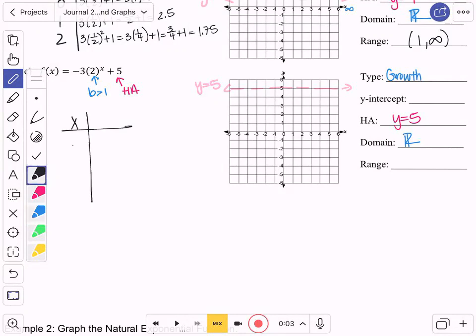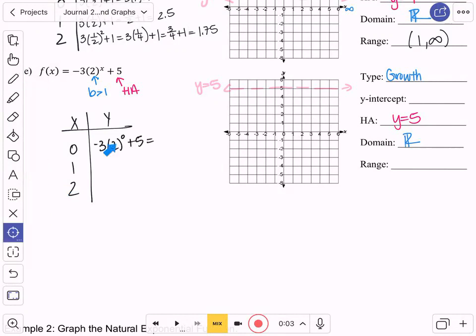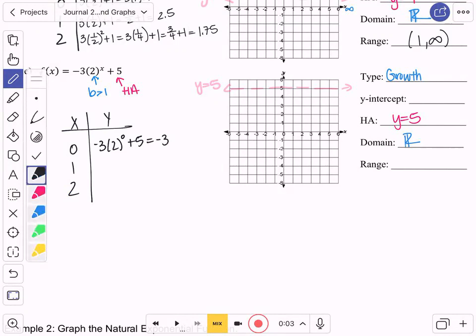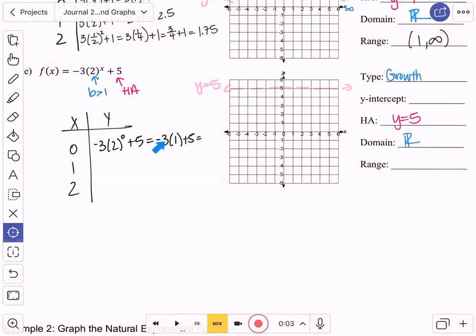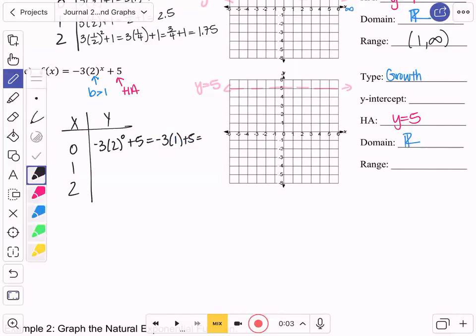So I have my x, 0, 1, and 2 that I'm going to always choose. You can always switch it up and choose different x values. And if I plug in 0, that's -3 times 2 to the 0 power plus 5. So 2 to the 0 power is going to give me 1. So that's going to be -3 times 1, which is -3, plus 5 is going to be +2.